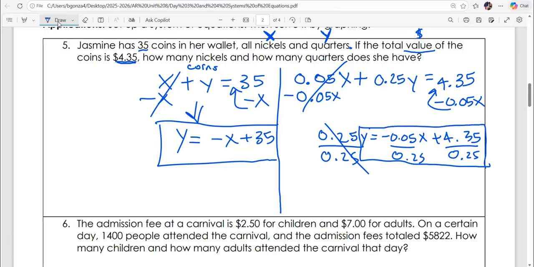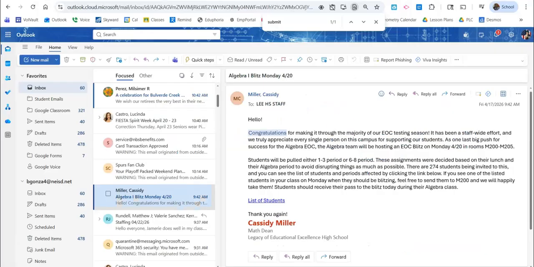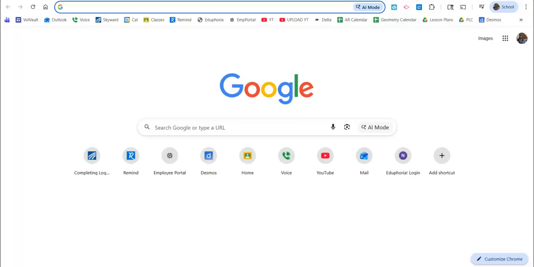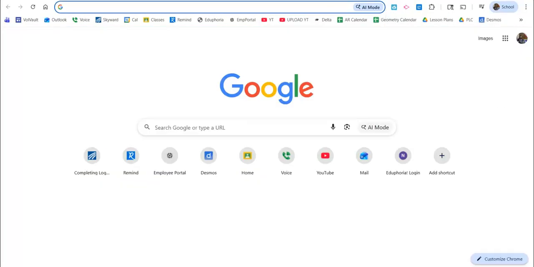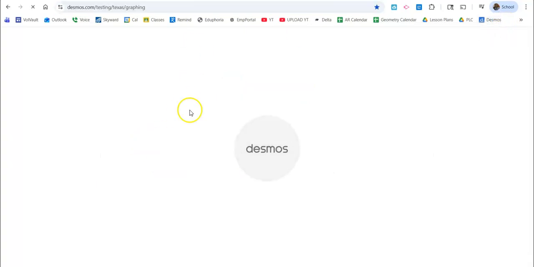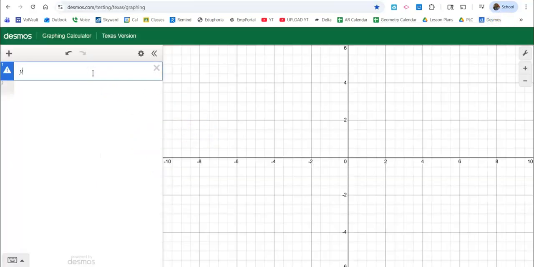Even if it looks ugly, you can do it. I'm going to take those to Desmos. Negative x plus 35 goes first.